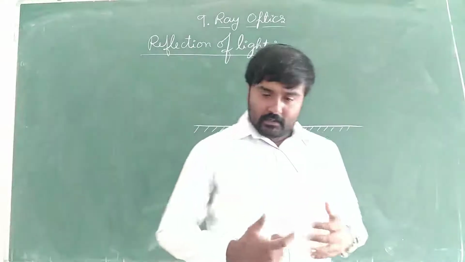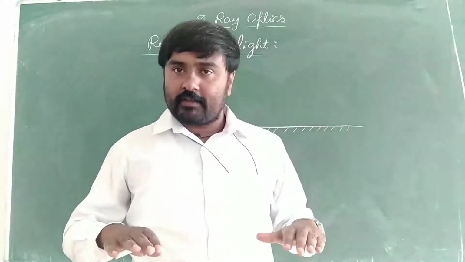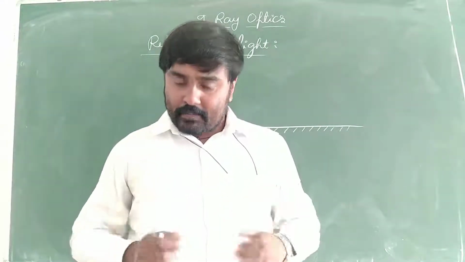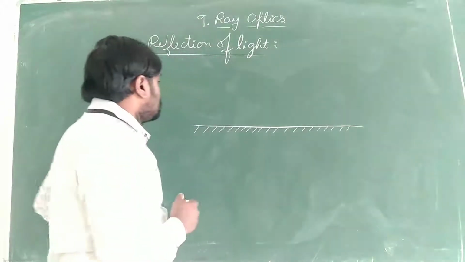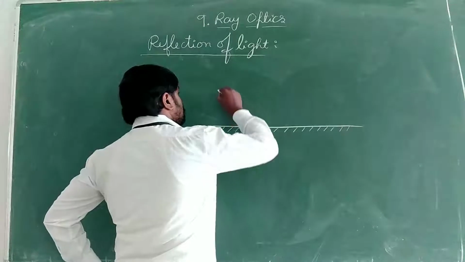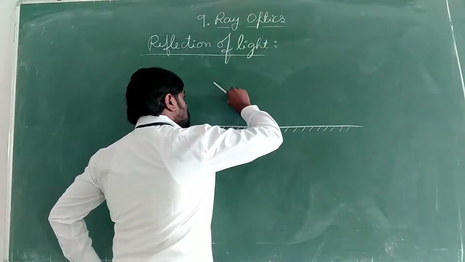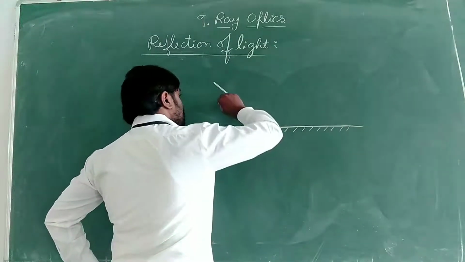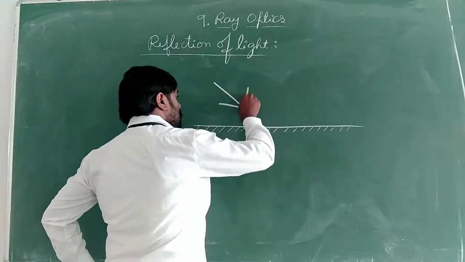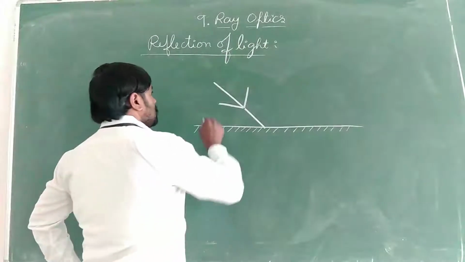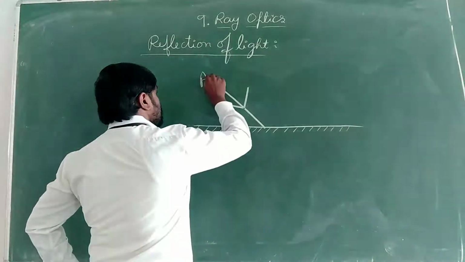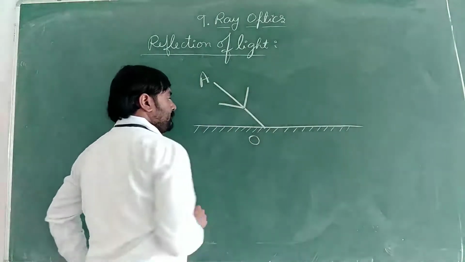What is the meaning of mirror? Mirror is a very smooth surface capable of reflecting the light, right? So first here let us consider a ray of light. That is AO.